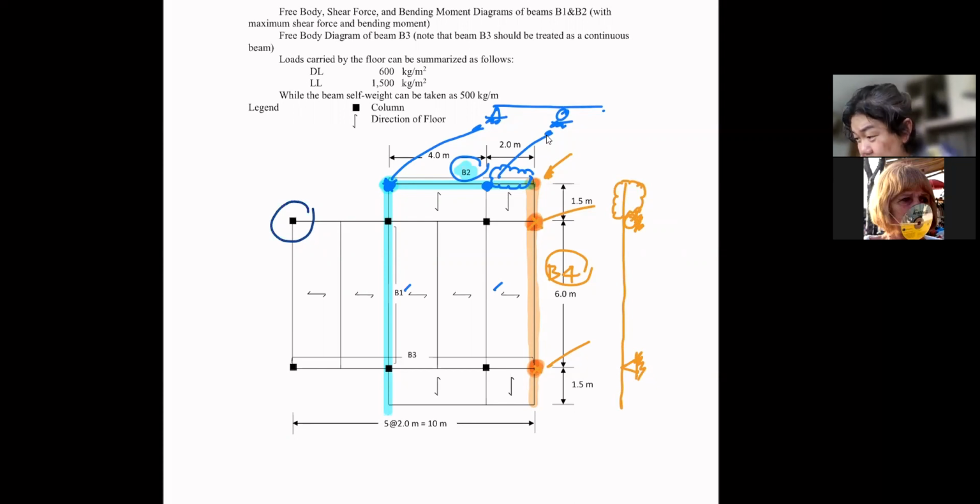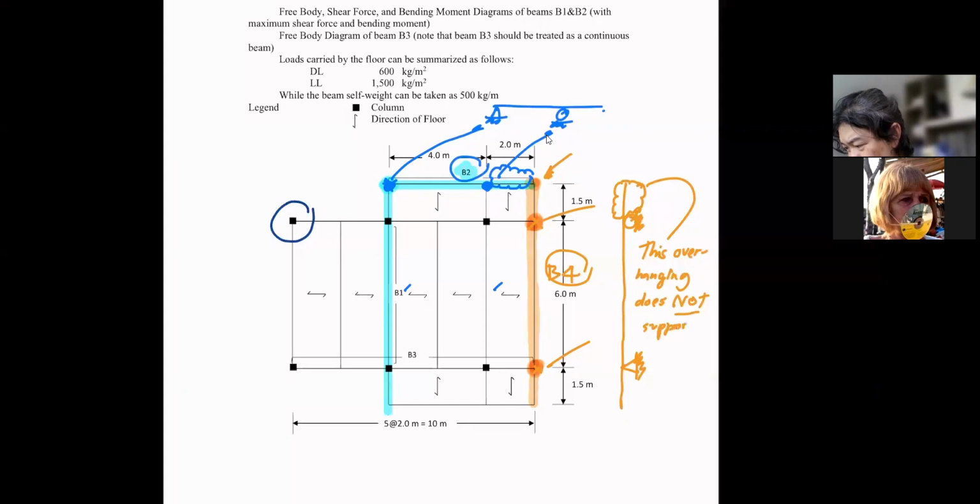Let me write this down for you. This overhanging portion does not support B4. I'm sorry, B2.